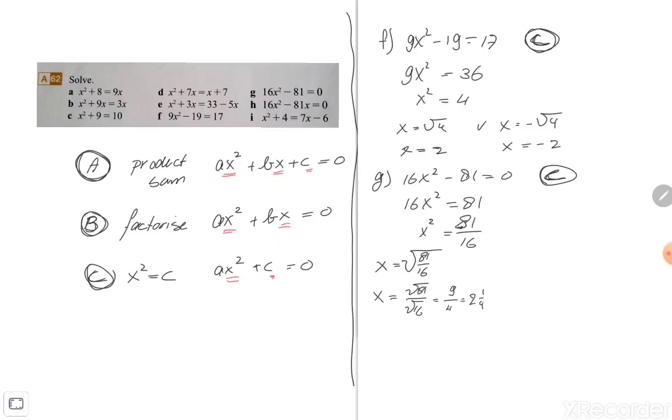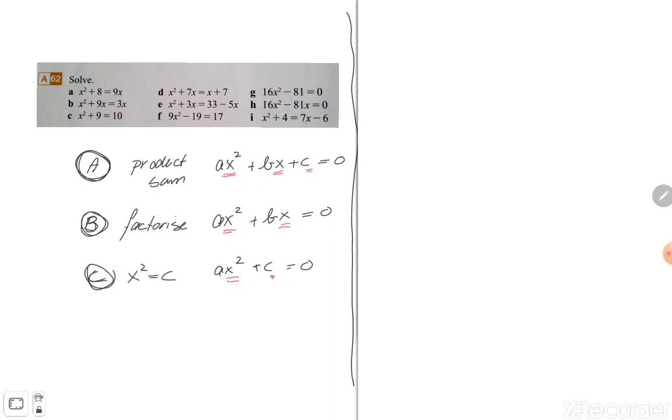Now you do exactly the same with the negative square root. There you go. So x is minus 2 1 over 4. So think about that: you sometimes leave the improper fraction instead of making a mixed number of it, because then if you need to take the square root of it, it's much easier.